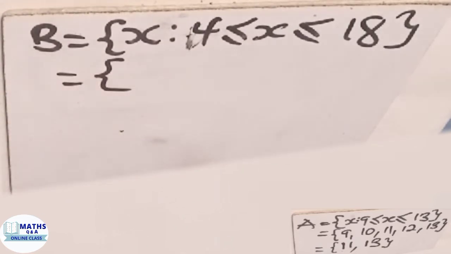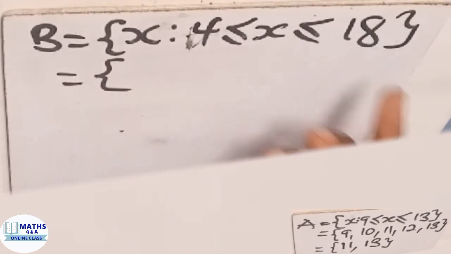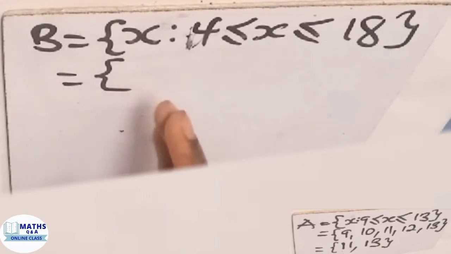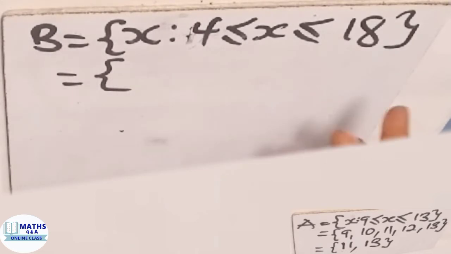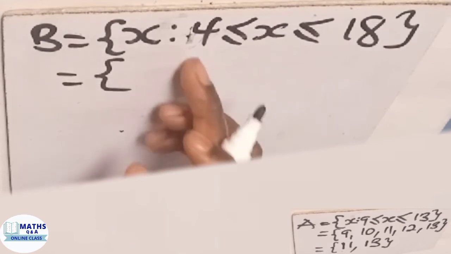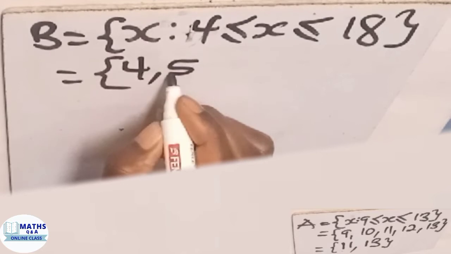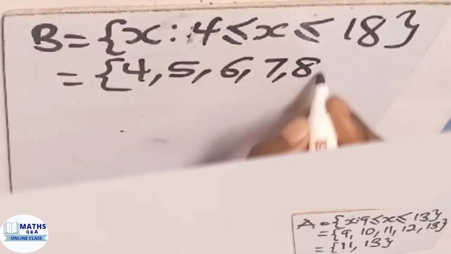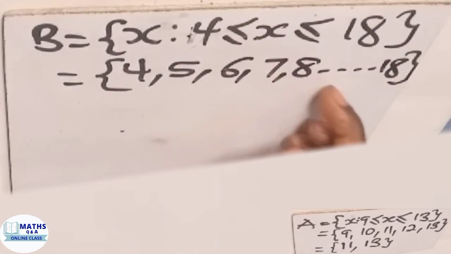Greater than or equal to means it can be bigger than it or equal to it, so we start from here. And less than or equal to means we end here. So we start from 4 and end at 18. So we write all the numbers that start from 4 and end at 18. The dots here mean there are numbers there.